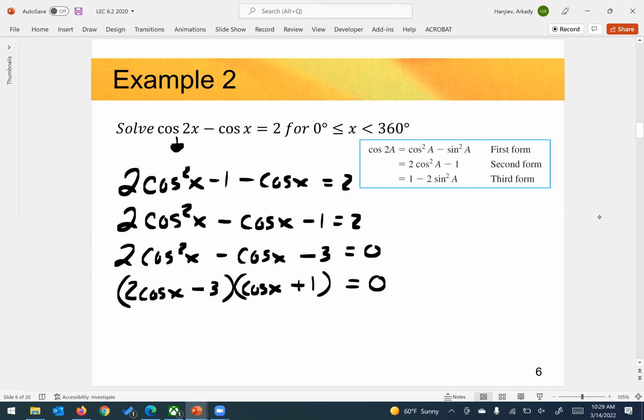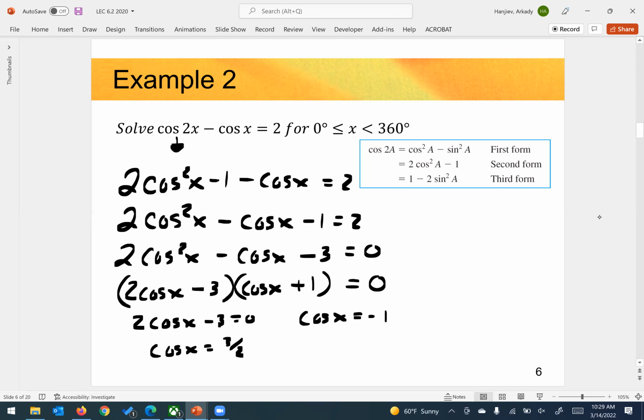Absolutely. Let's solve this here. Set each of them equal to 0. We have cosine x equals 3 halves, and cosine x equals -1. When does cosine x give you 3 halves?